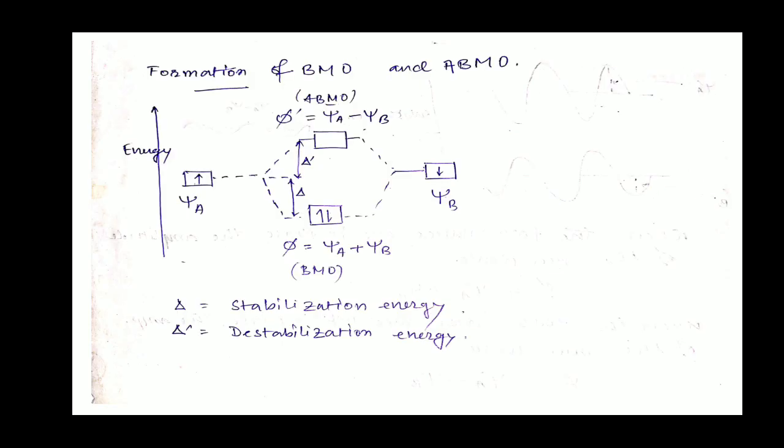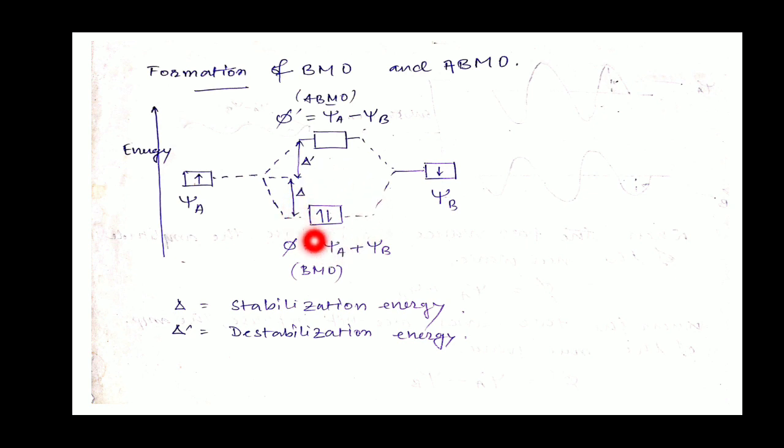The formation of BMO and ABMO can be explained with the help of this structure. Suppose this is psi A and this is psi B. These two are from different atoms. They will undergo constructive interference and form BMO.